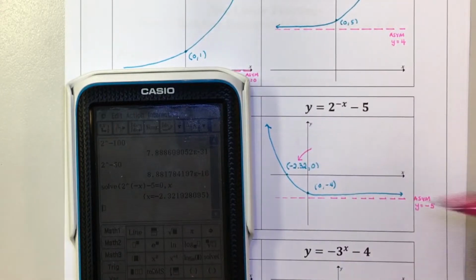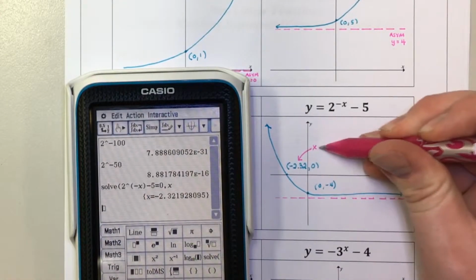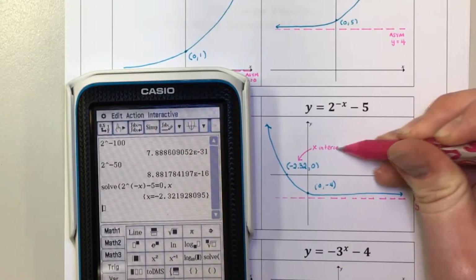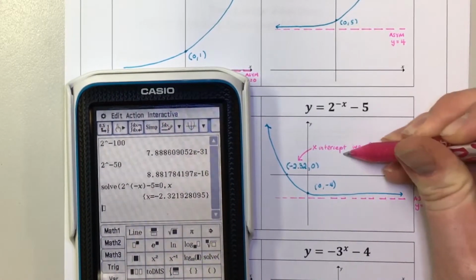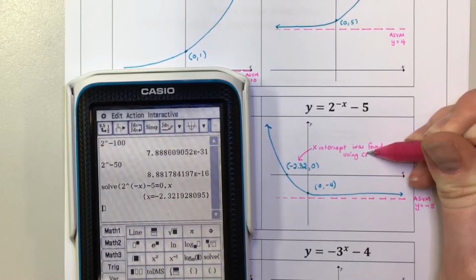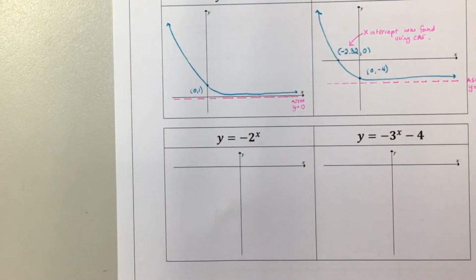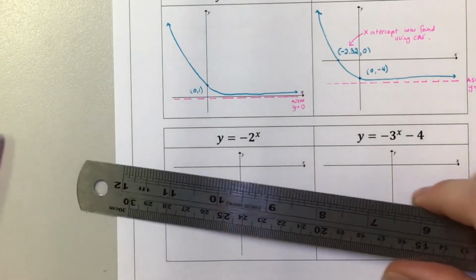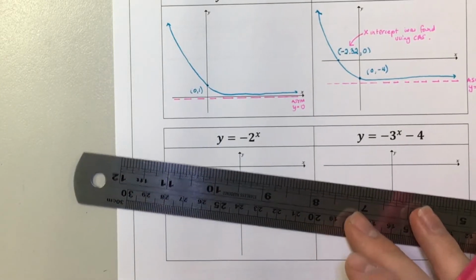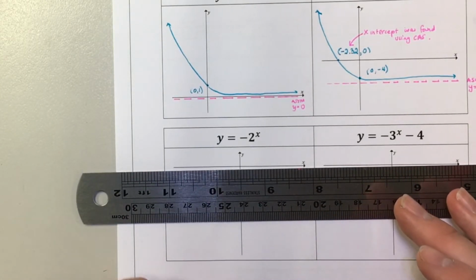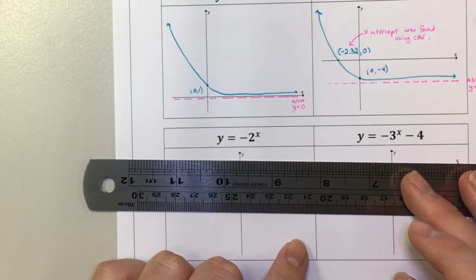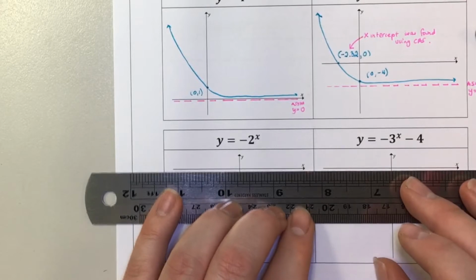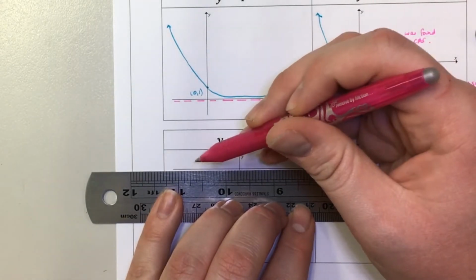So we found this x-intercept. This x-intercept was found using the CAS. Miss, where would the asymptote for negative 2 to the power of x be? Well, guess. We've got information. What do you reckon? Yeah, 0. Asymptote is at 0.